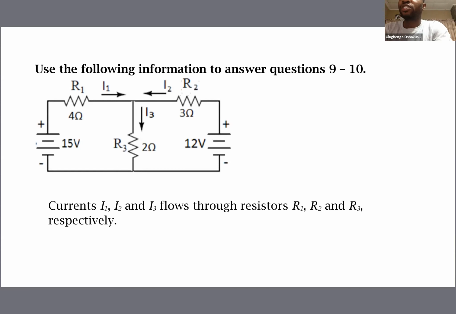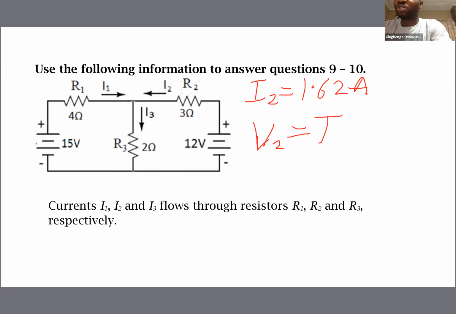We have established that I2 is equal to 1.62 ampere. Then V2, which is what I will call the voltage drop across R2, should be equal to I2, the current flowing through the resistor R2, times R2, the resistance of R2.